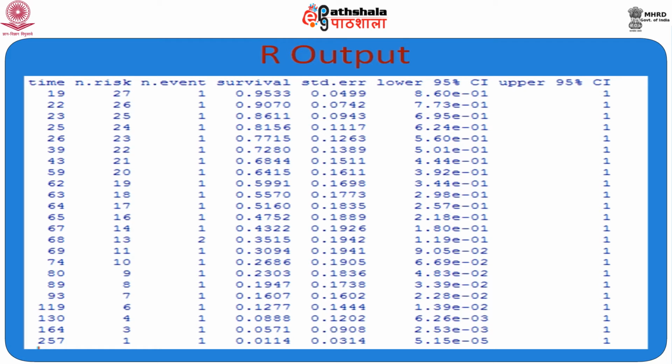That shows 95% survival with a confidence interval of 0.80 to an upper limit of 1. When they are at time 22, they will have 26 at risk and one event will occur, and the expected survival probability will be 0.90.